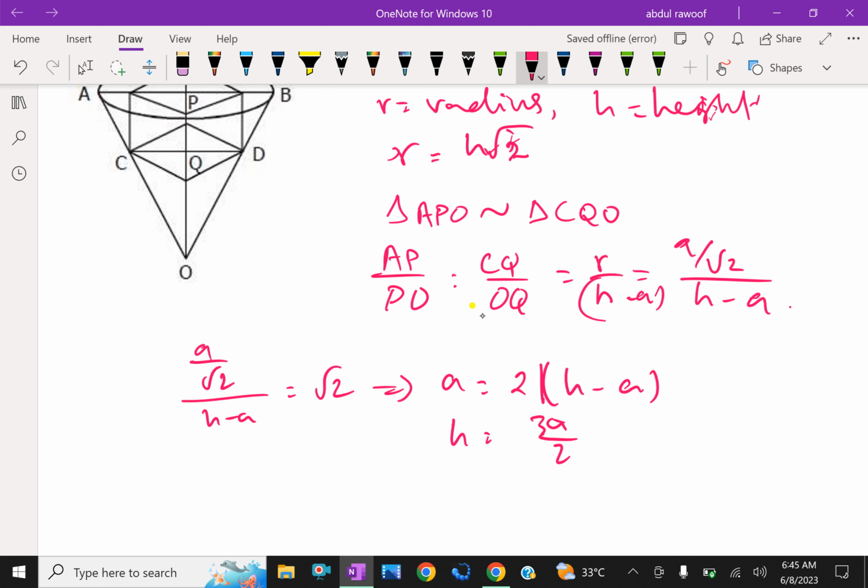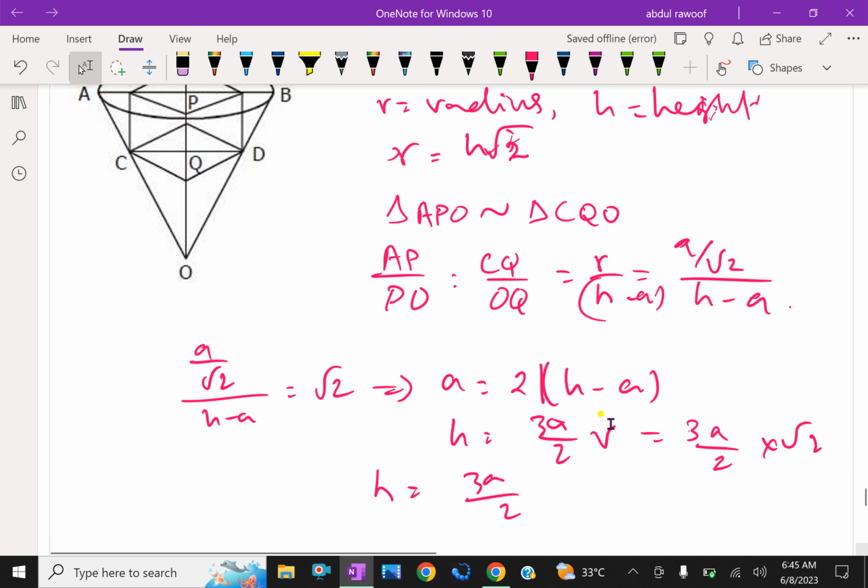Then R equal to 3a by 2 into root 2, and H equal to 3a by 2.